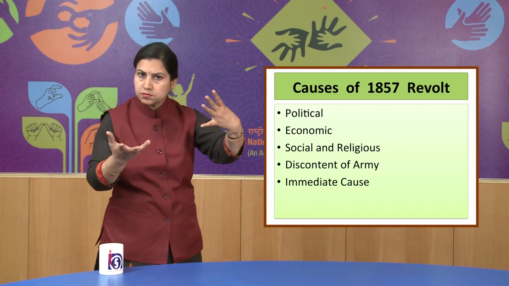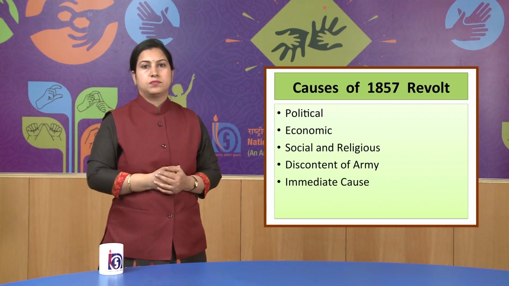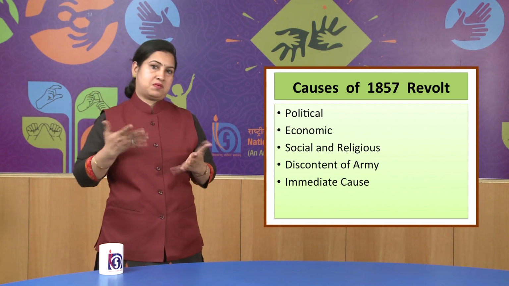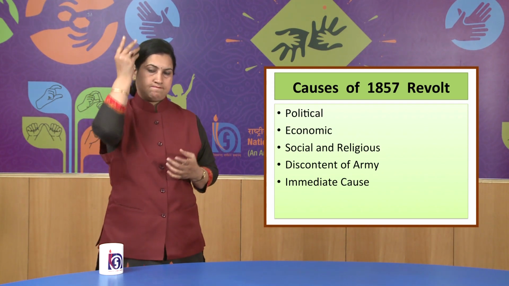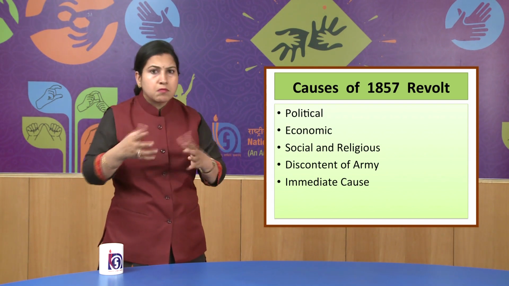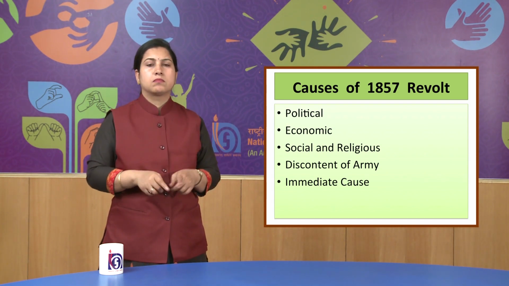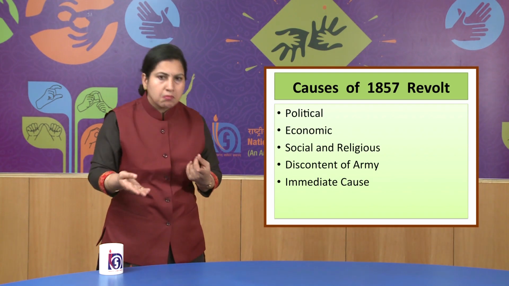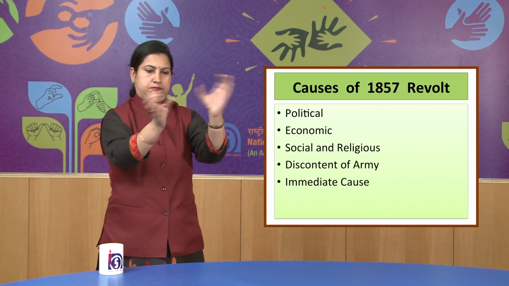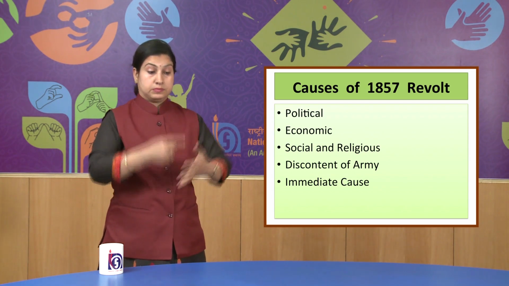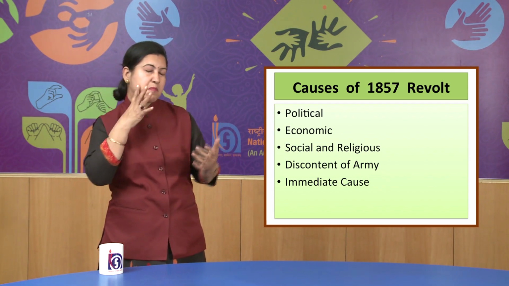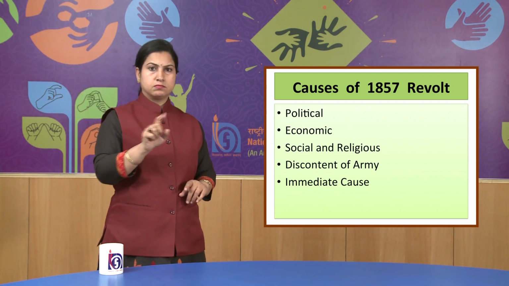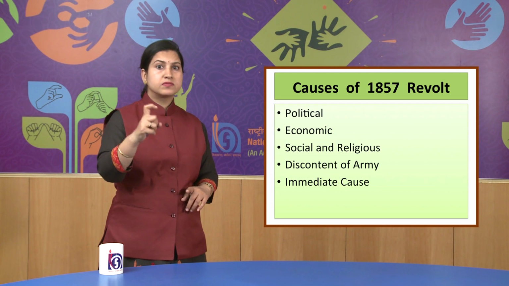Fourth category is the discontent in army. And fifth category is the immediate causes. So these 5 causes were the main reasons behind the revolt of 1857.